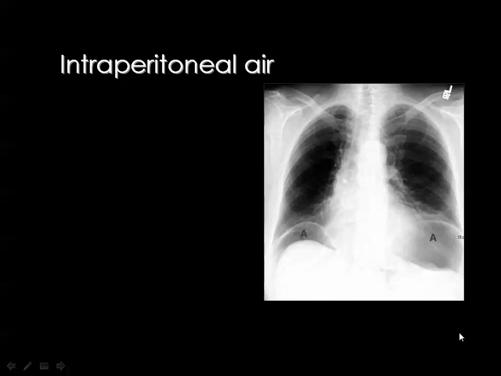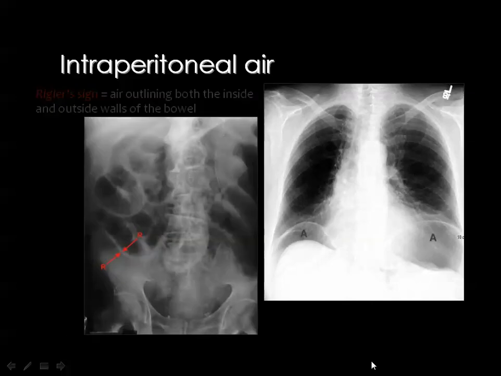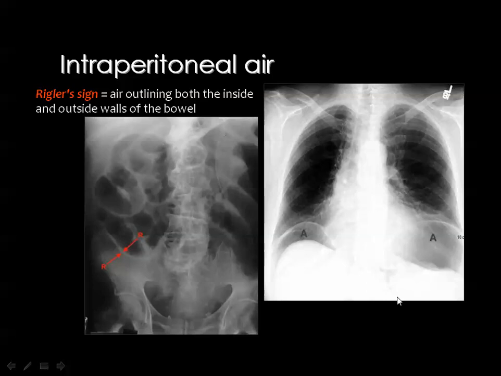An intraperitoneal air is diagnosed simply by having a chest X-ray in the erect position. Then you can see that this is the diaphragm, and you can see air under the diaphragm. This is diagnostic of pneumoperitoneum. But if you cannot have this chest X-ray in the erect position in some cases, you may refer to this important sign, which is known as the Rigler sign.